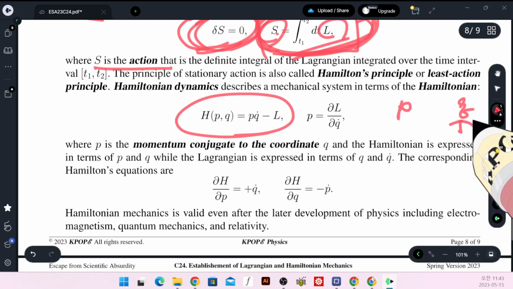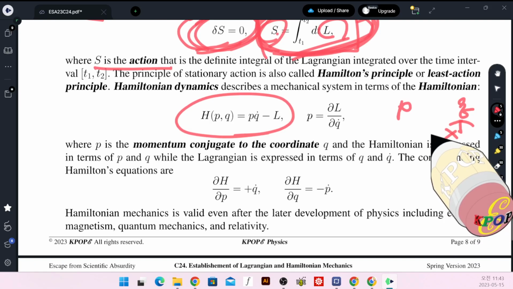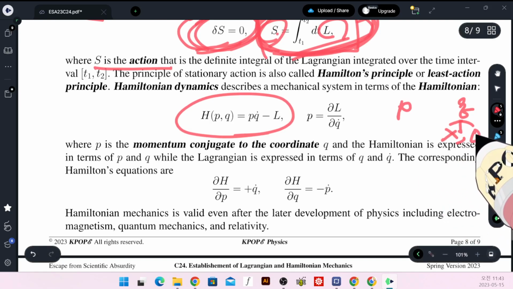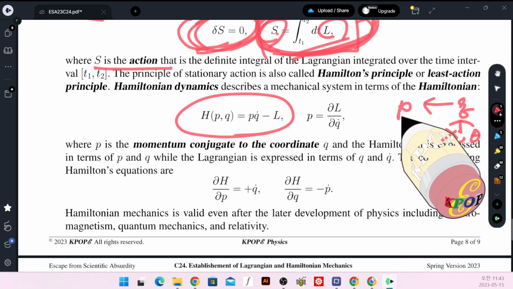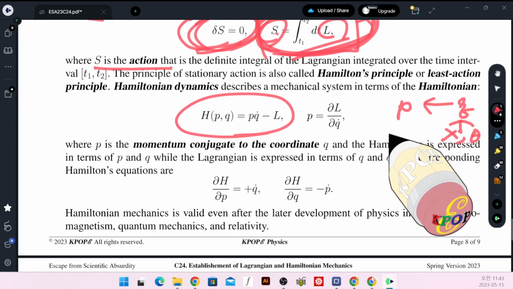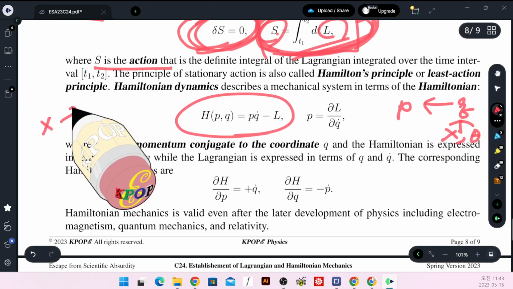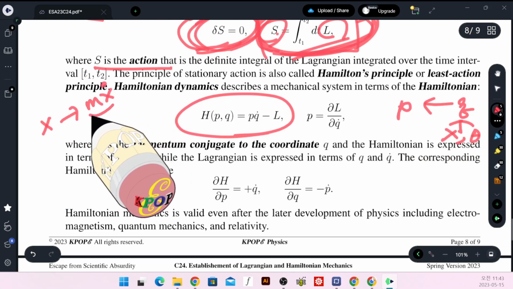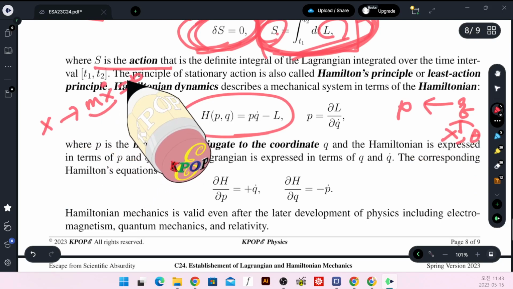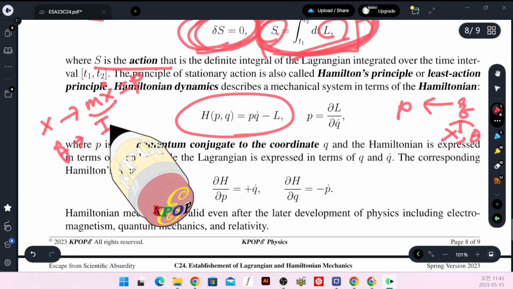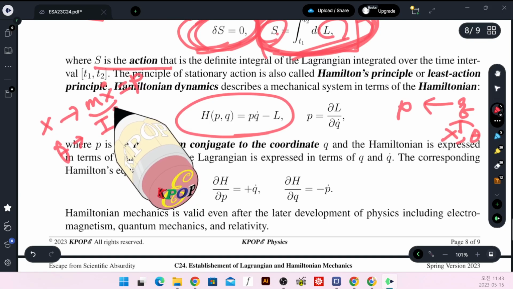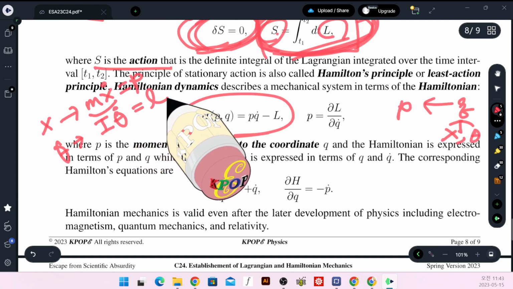I told you the coordinate could be a linear coordinate with the dimensions of length, and it could be an angle variable. But for each coordinate, there should be a corresponding conjugate momentum. For example, for x, we have m x dot, that is called the linear momentum. For an angle variable, we have moment of inertia and angular velocity, that is orbital angular momentum.